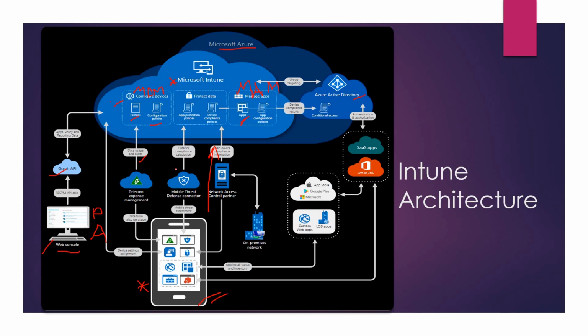What MDM is, what MAM is, where the device is, it's there on the internet, how exactly the admin is going to access the portal, what exactly Graph API calls are, which are kind of REST API calls, a protocol used by the admin to access any information from Microsoft Intune from the web console.